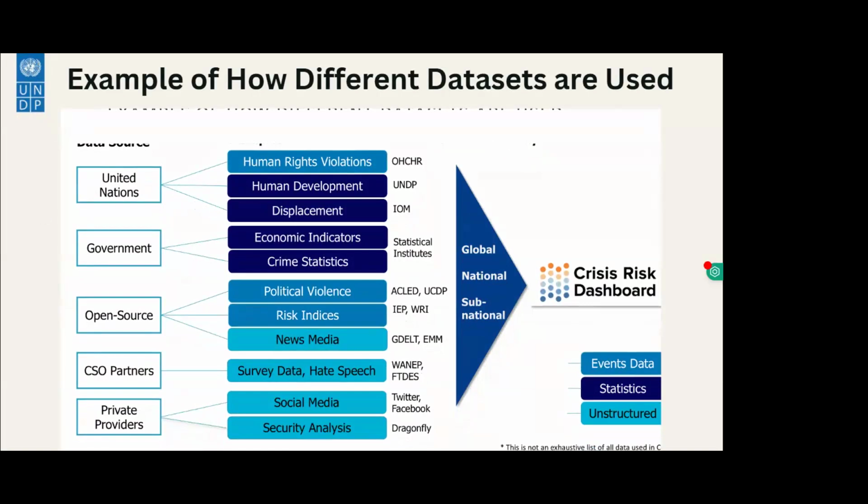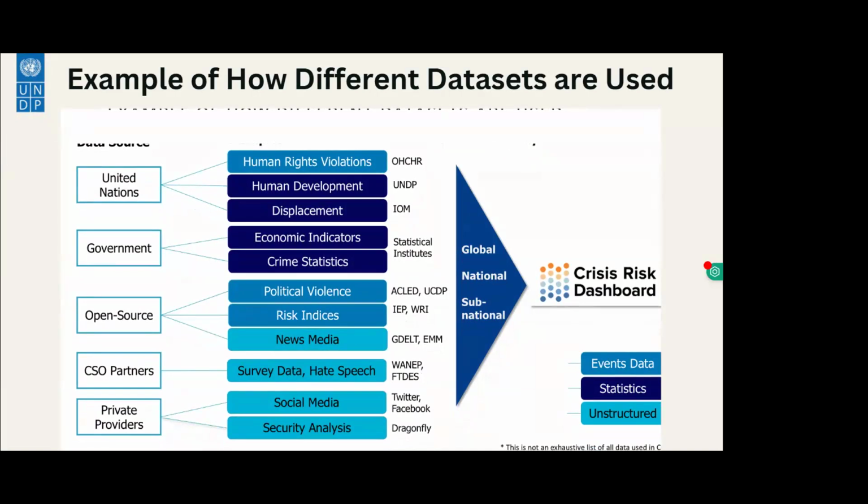We have cases where data came from other UN agencies like OHCHR and IOM. Some other CRDs use data from the government, for example statistics from statistical institutes or bureaus, and open sources like ACLED, as I mentioned, political violence, risk indices, and news media.